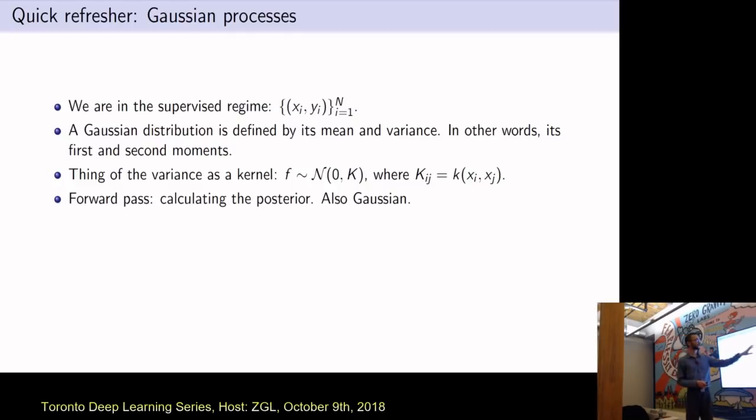We work in the supervised regime, and basically what we have is we define a Gaussian prior, and we say that we want to calculate the posterior over this prior. This is the sweet spot for anything Bayesian, where you want a posterior that's easy to calculate.